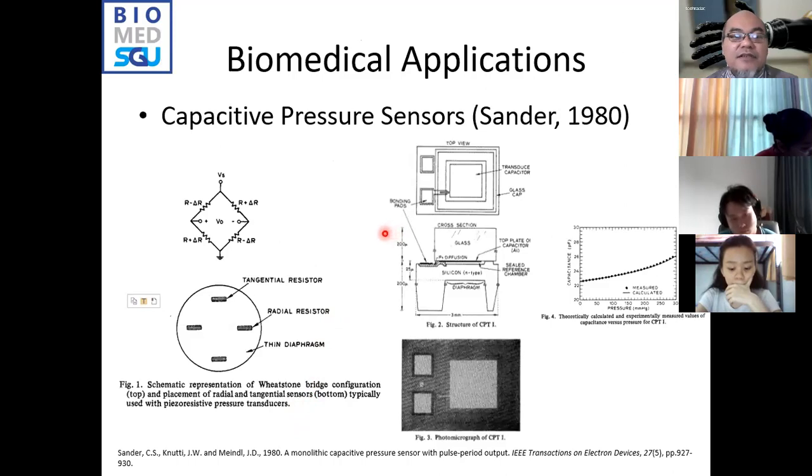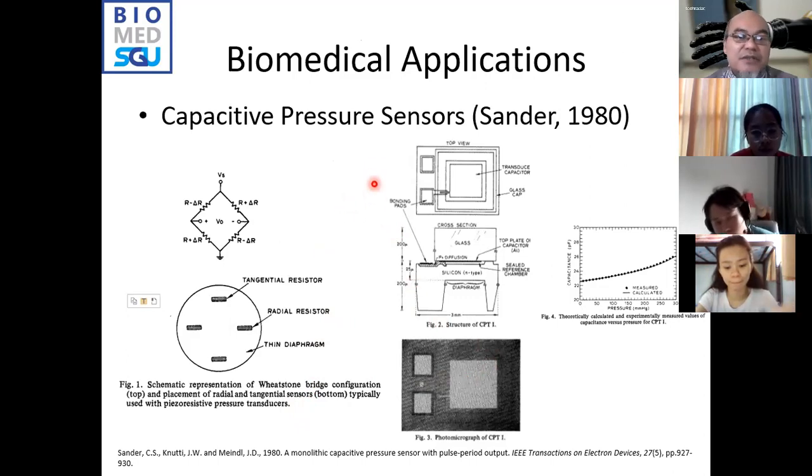And we have also discussed in the previous session some examples of capacitive sensor applications. This is one famous example, of course, the use of capacitive sensor as pressure sensor. So instead of measuring the strain, like in the resistance-based sensor, I have actually explained about pressure sensor using resistance change.